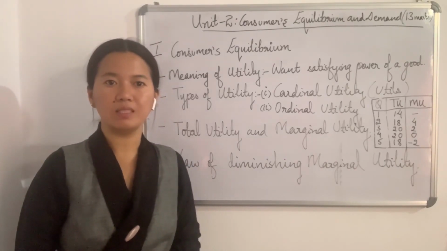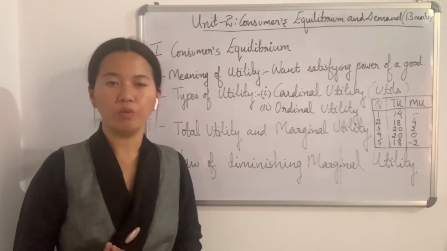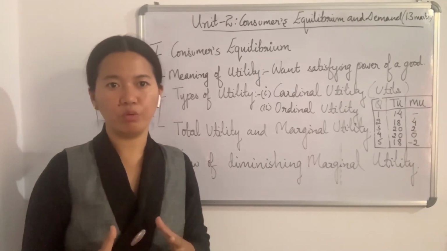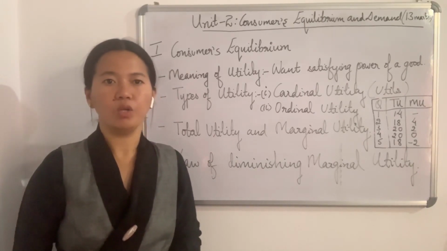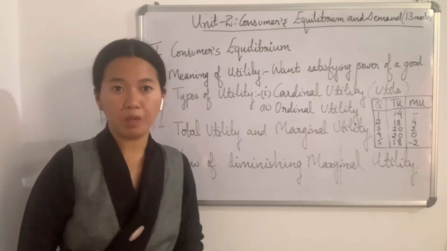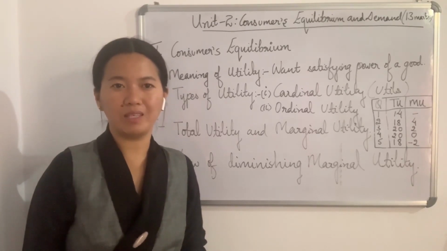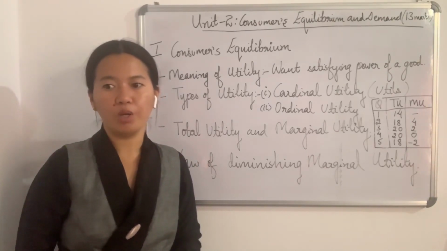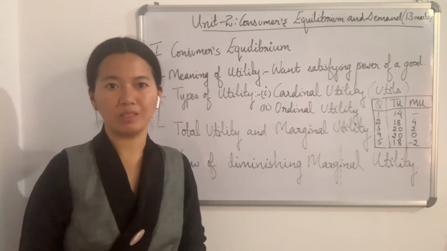For example, in terms of food, in the first round we take more quantity, but in the second round we take less, and some may also go for a third round by taking a very small amount, but most of the time people will stop at the second round.